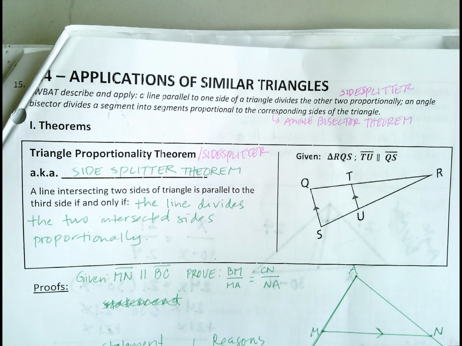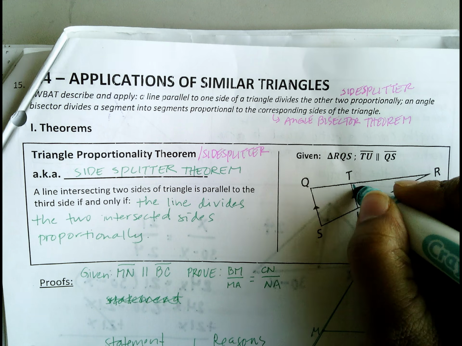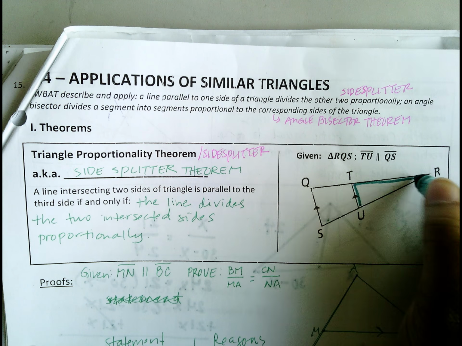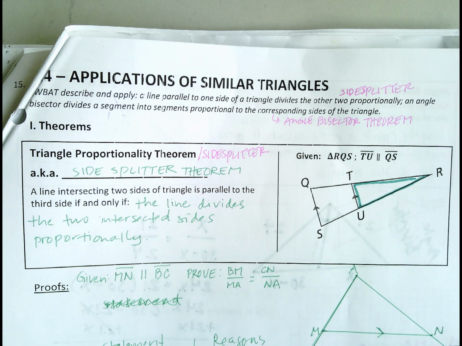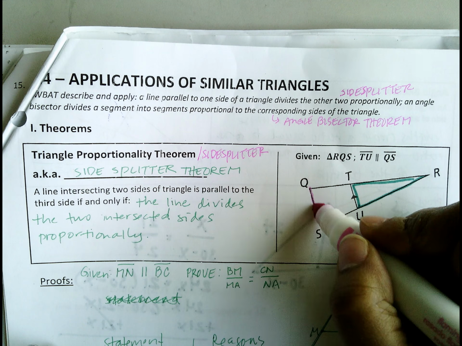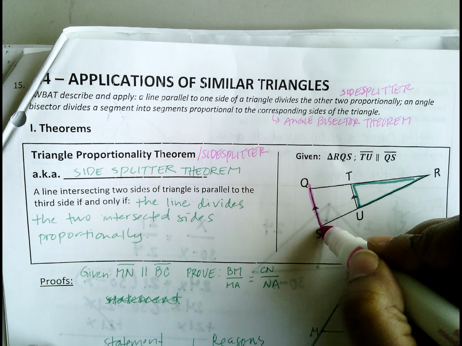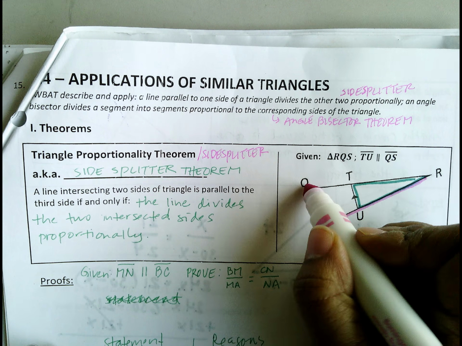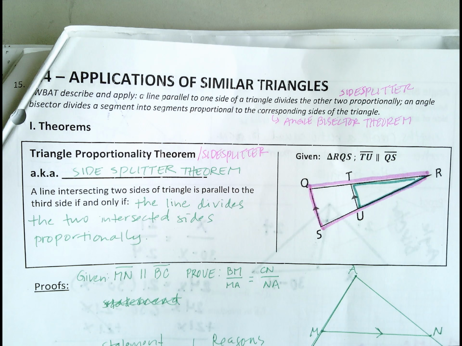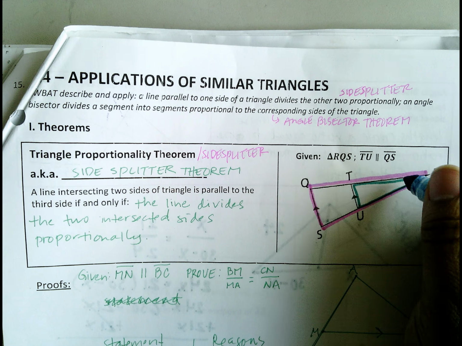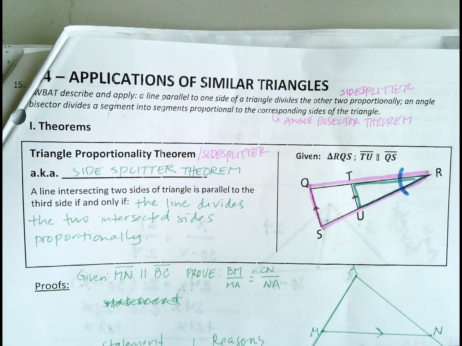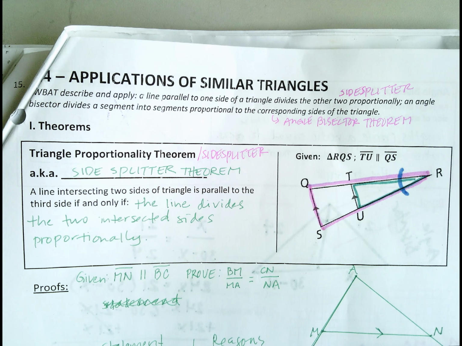And why I say triangles is because there are two. There's this one right here, which is the smaller one, and then there's the larger triangle here. Now, because they both share an angle, they both have this angle R in common.